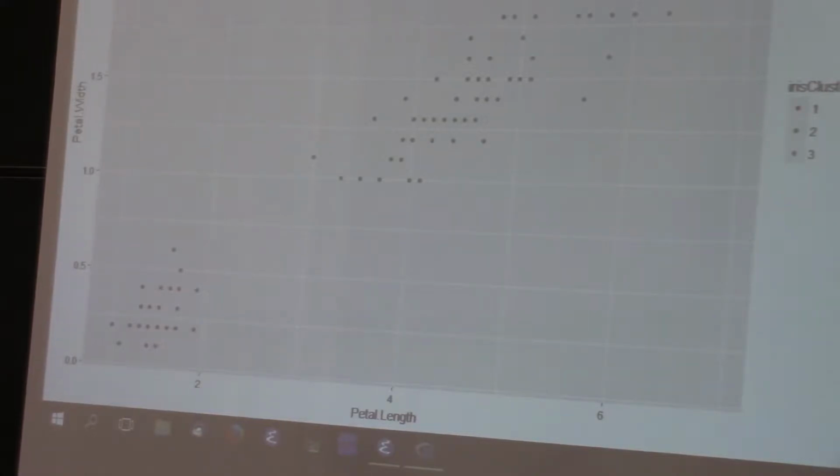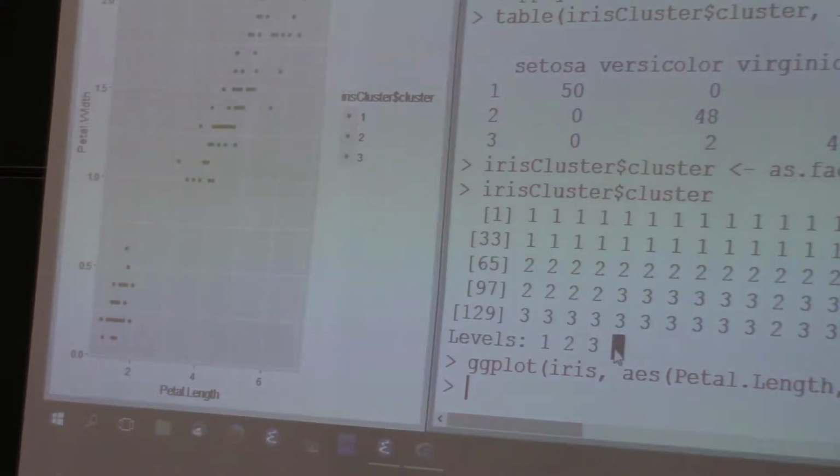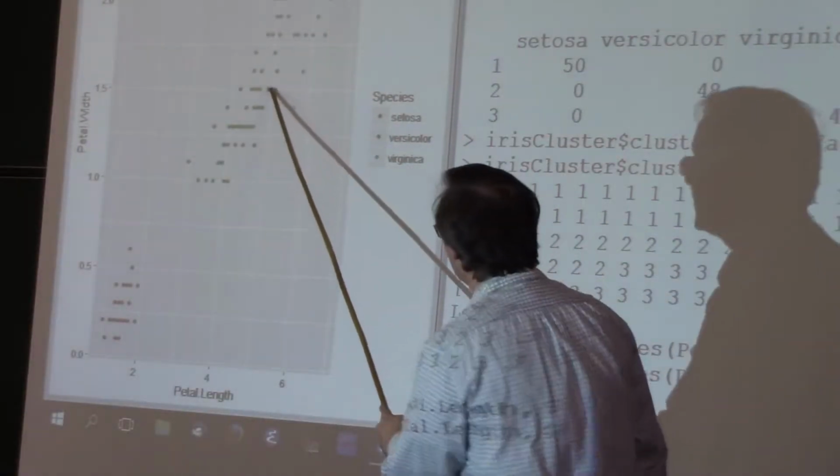So we can modify that right back to the original plot by this ggplot command. So I'm going to make this a vertical array for now. All right, I'm just going to replace the image that we had a moment ago with the other one. Okay. So before we were looking at the cluster vector, now we're looking at the species. So we see that this boundary is once again confused.